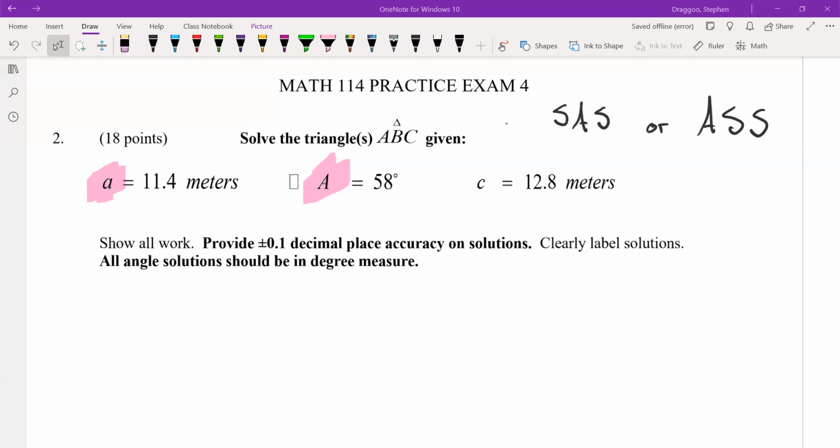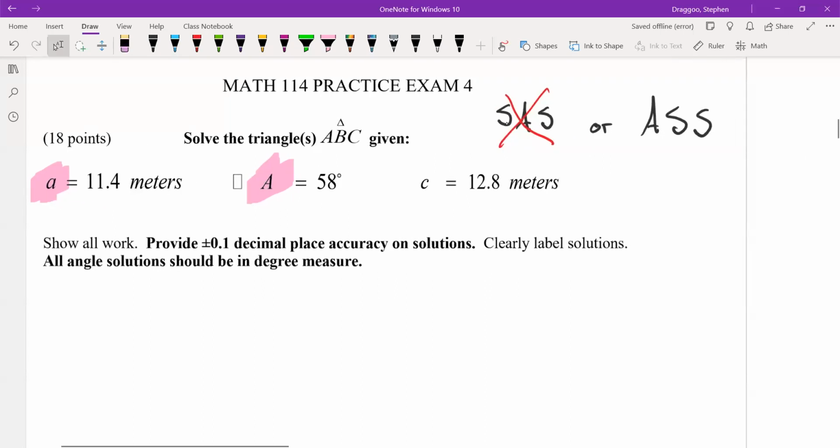Bring me back to the thing that I was talking about, which is deciding which order I need to solve this thing in. Because we've got the two repeated letters in our given information, we have the ASS triangle instead of the SAS triangle.